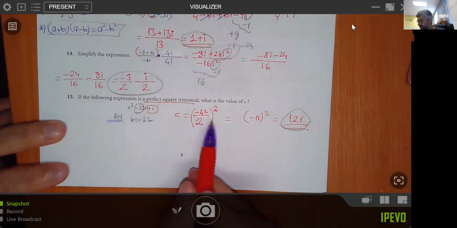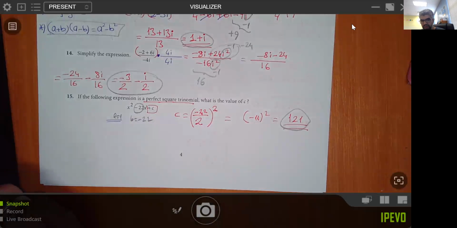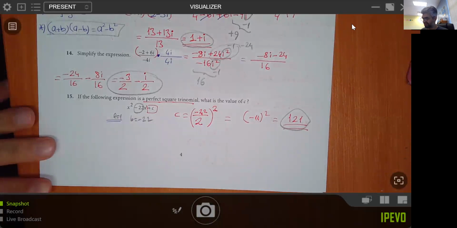Then we add the square of half of that b. In that case, we add the square of half of b. We solved some questions during our classes with different a's. I even remember who asked this question.